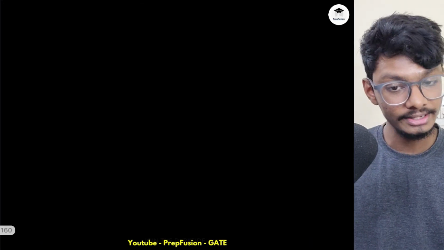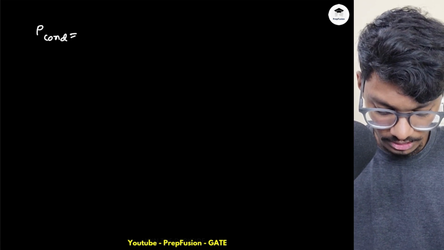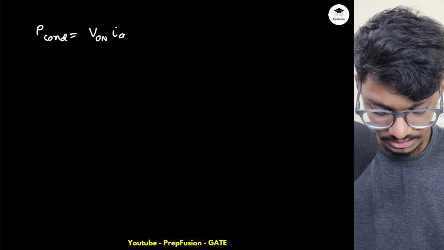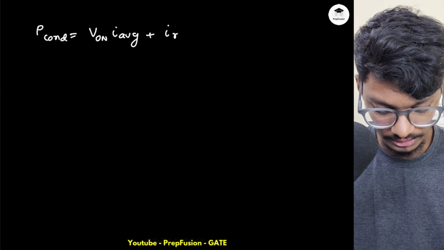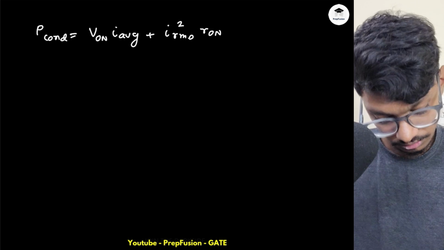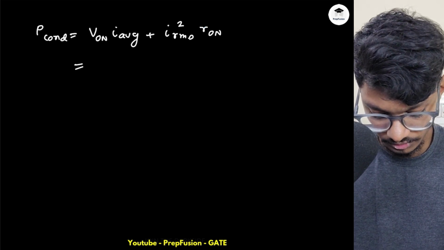And what will be my conduction loss? It will be V on into I average plus I RMS whole square into R on. I have derived how this comes up, so I will not derive it again. So this will be equal to V on into I average.